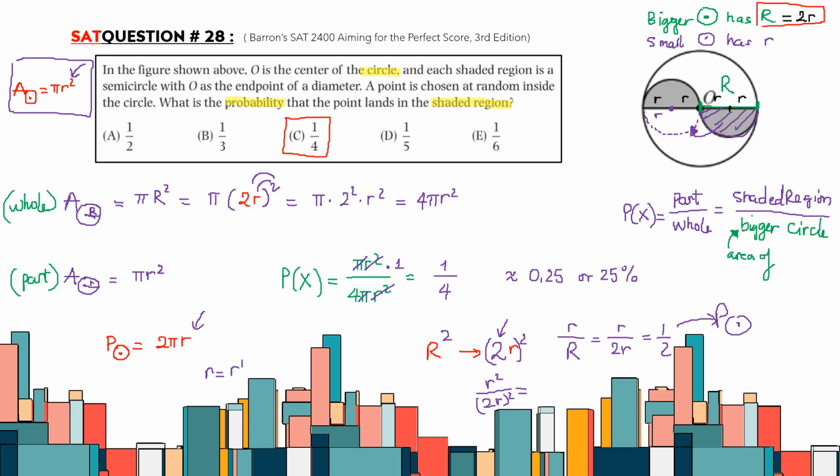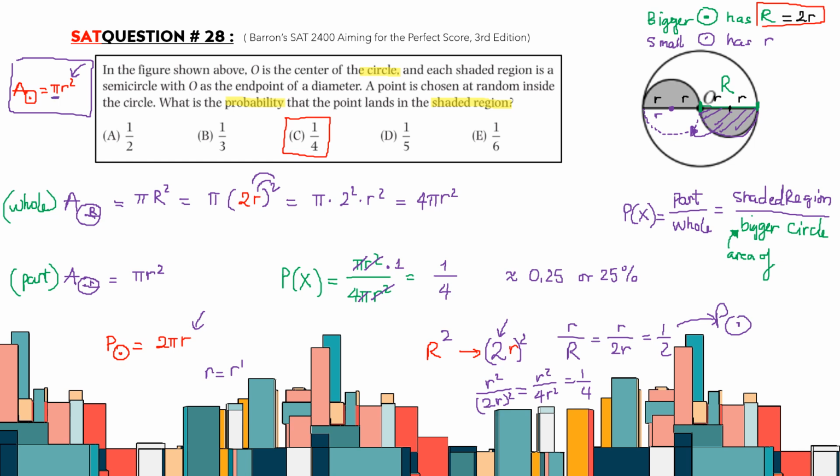Now this one will have r squared over 4R squared, that is 1/4. The only thing that affects the probability here is comparing the ratio of the small radius to the bigger radius, because pi is in common already, right?